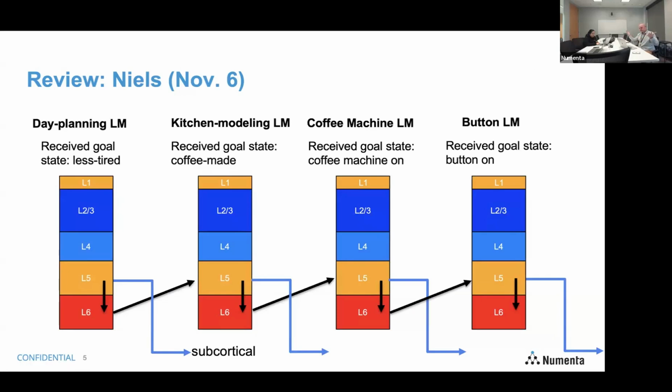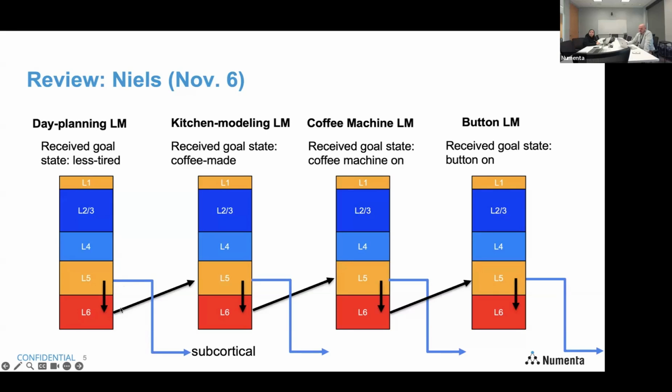So there's this goal where we wake up, we're really tired, and some top level LM is receiving a goal state. In this example it doesn't really matter where it comes from, but the goal state came from the hypothalamus saying we want to be less tired. So this top level LM receives the goal state, get less tired, and then it's going to delegate subtasks as we move down the hierarchy.